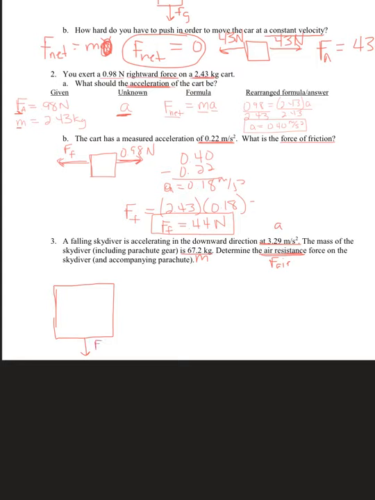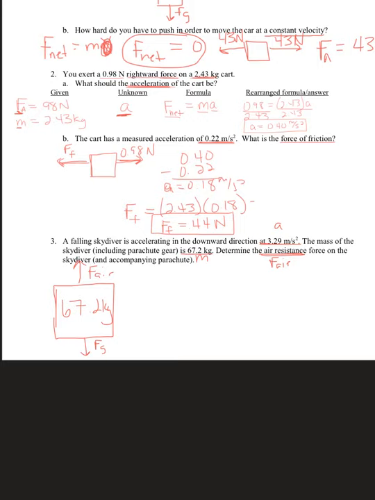This is our force of gravity. We have another force acting opposing that gravitational force in the opposite direction. This is our force of air resistance. We know that our box is 67.2 kilograms. And so I need to know, what is the force of air resistance?